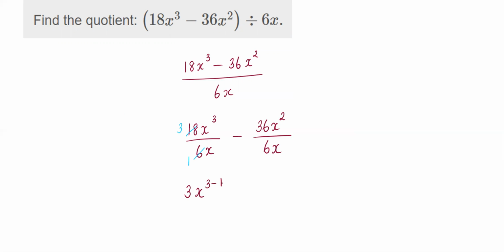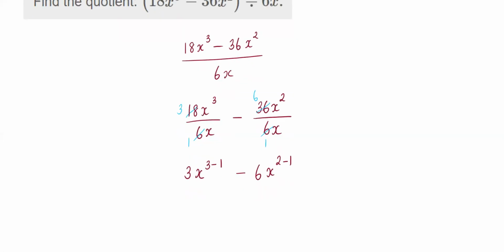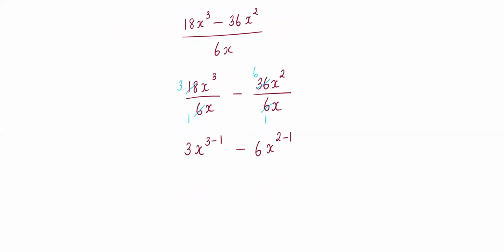Remember, it's the quotient rule because you're dividing. Therefore, you will subtract the powers. Then I come to the other one. 6 times 1 is 6. 6 times 6 is 36. So I have 6x power 2 minus 1, because the x takes the power 1 when the power is not explicitly written. Then we have 3x squared minus 6x. This is what it simplifies into, and that becomes our answer.